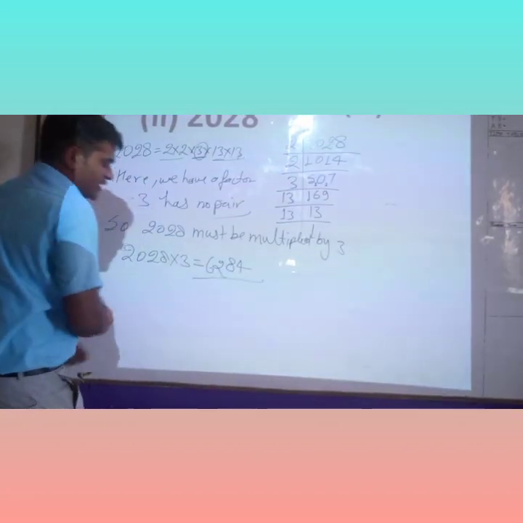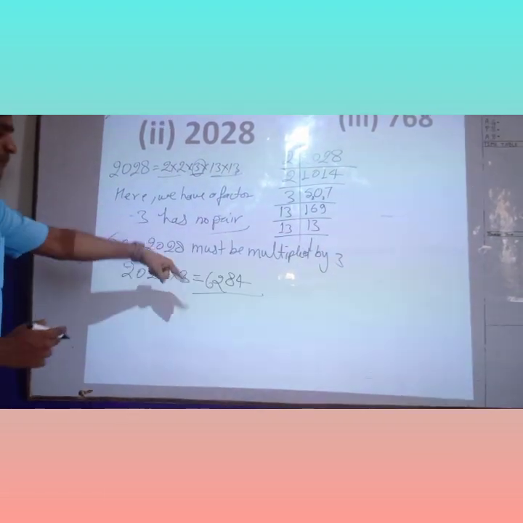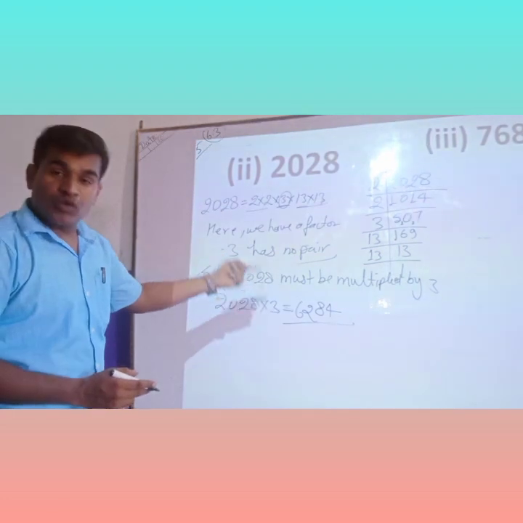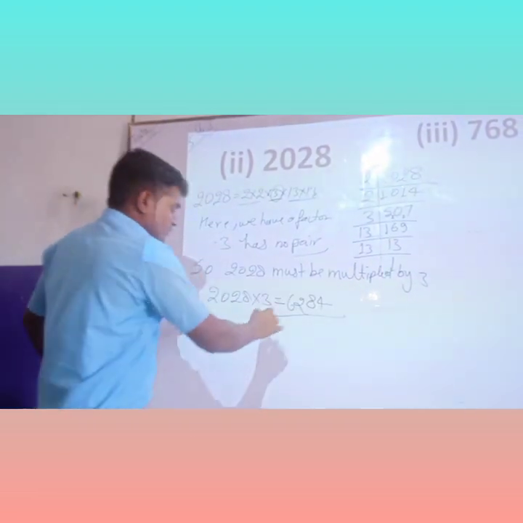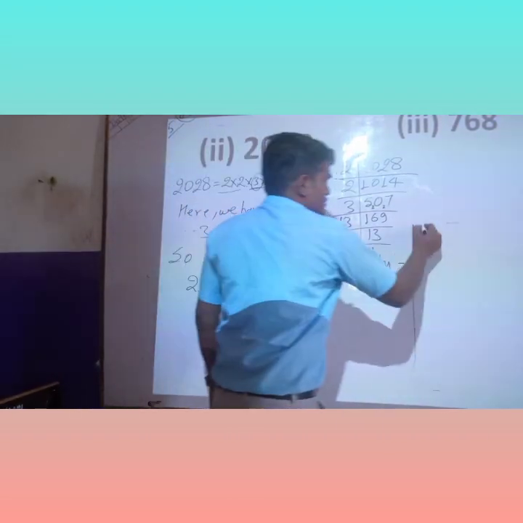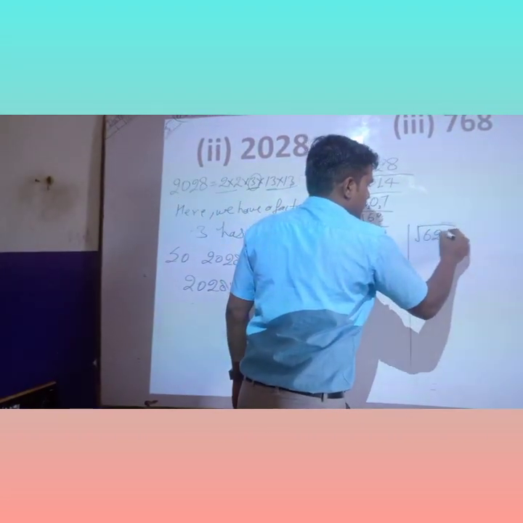So 6084 is a perfect square. But we have to find the square root of the number so obtained, the square root of 6084.